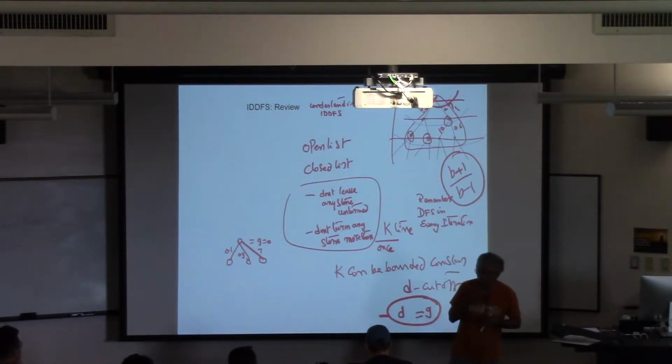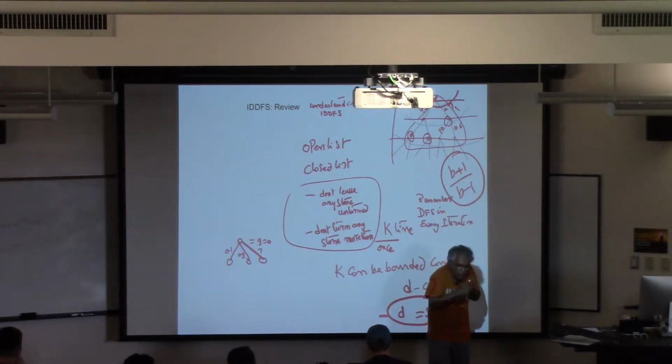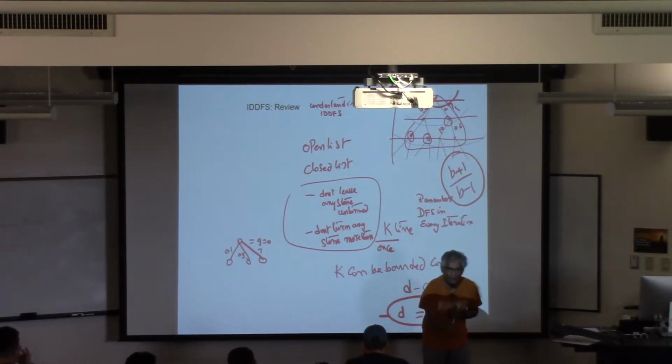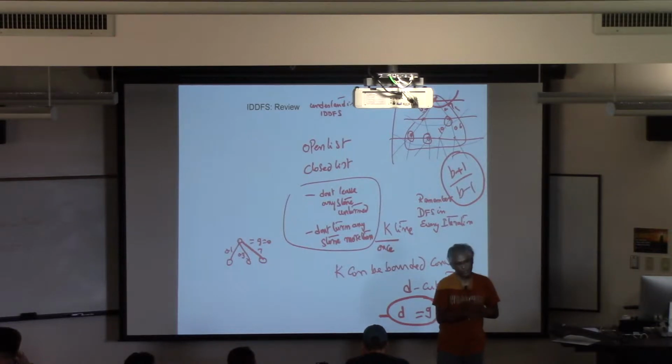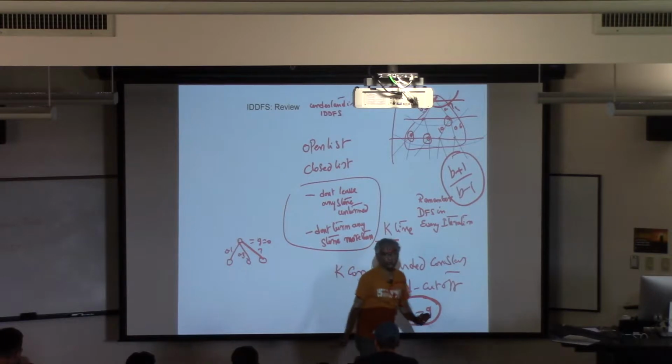If they are not taking too many different values, what will happen is, as soon as you open the door a little bit wider, more than one person comes in, more than one node comes in, which is good for you. If only one node comes in every time you open a gate, you are screwed. You will be doing B power D times opening of the gate. Whatever I just said actually holds for IDA star too.